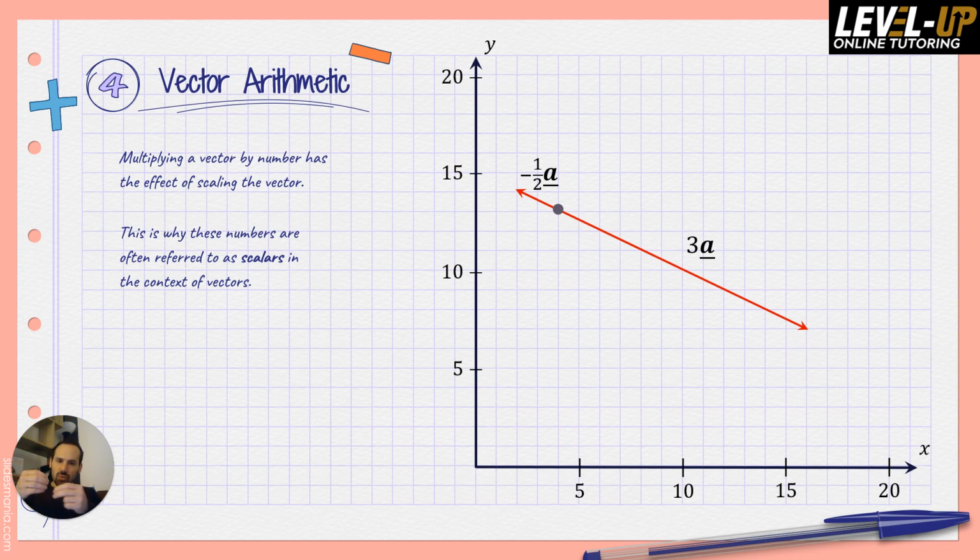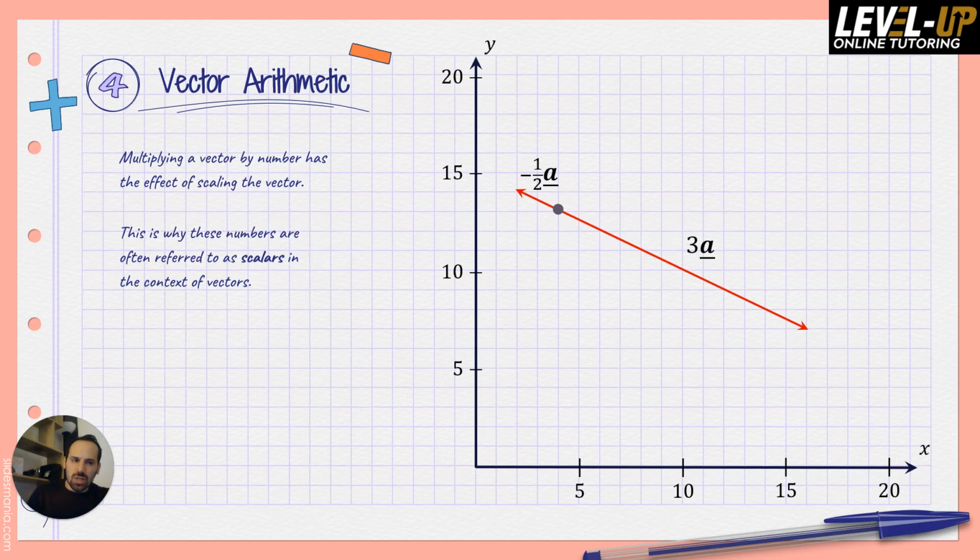They make them longer or shorter, but it doesn't change the direction, and that is critical. We really need to understand that the direction is still the same, or at least it's on the same line. It might be going in the opposite direction, but it's along the same line.